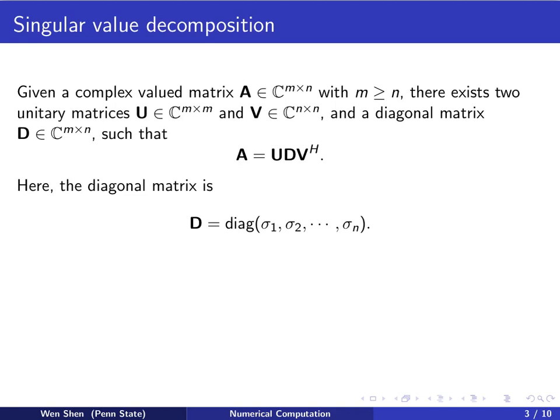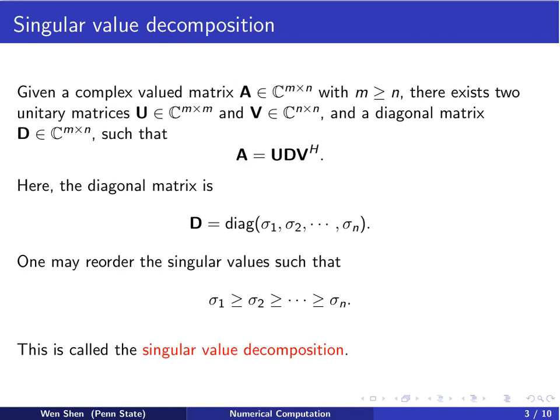Here, the diagonal matrix D exactly contains the singular values on its diagonal. One can reorder the singular values such that sigma_1 is the largest and sigma_2 is the second, and it decreases, and sigma_n is the smallest one. This is called the singular value decomposition.